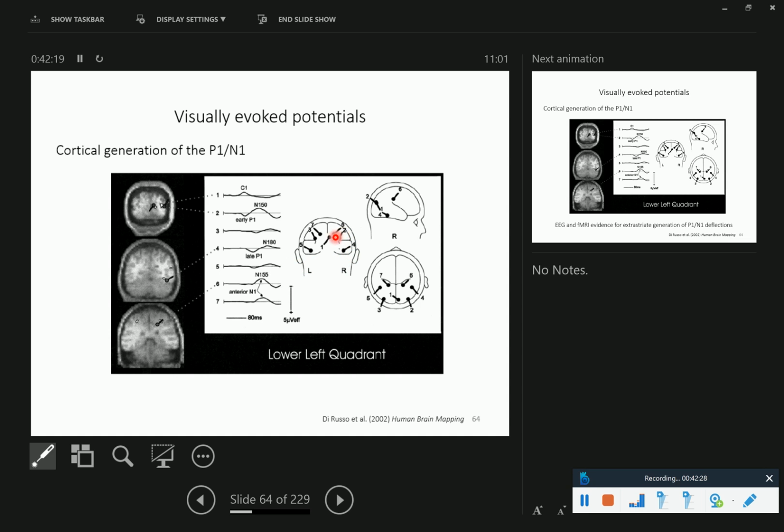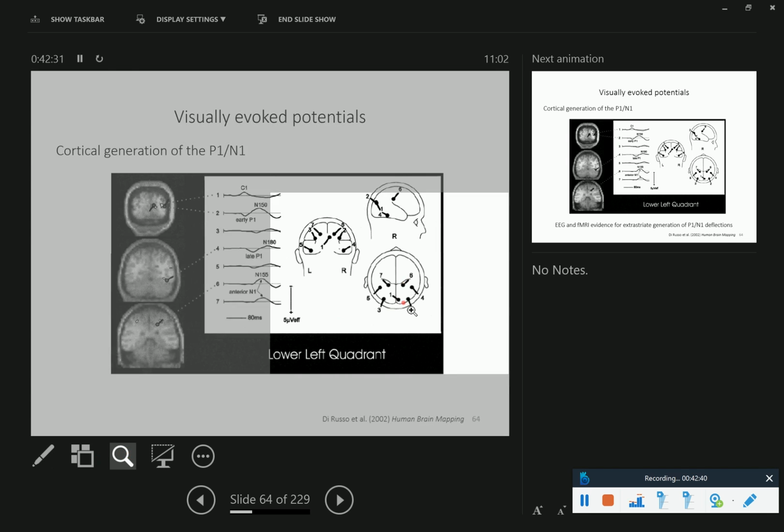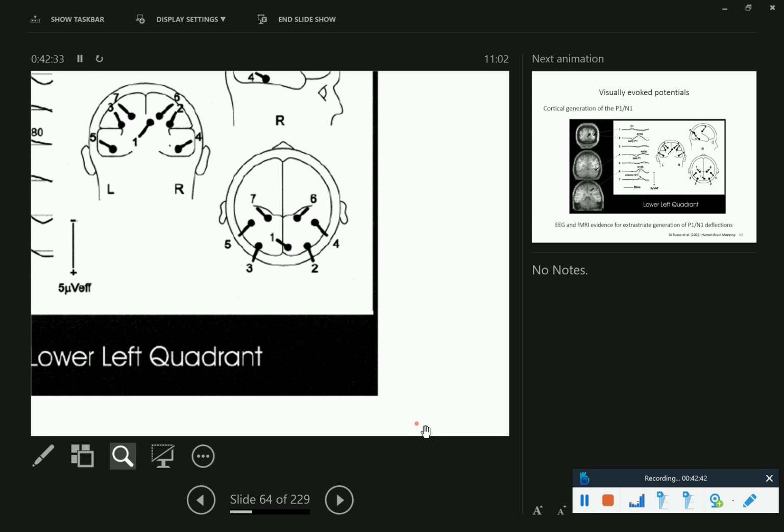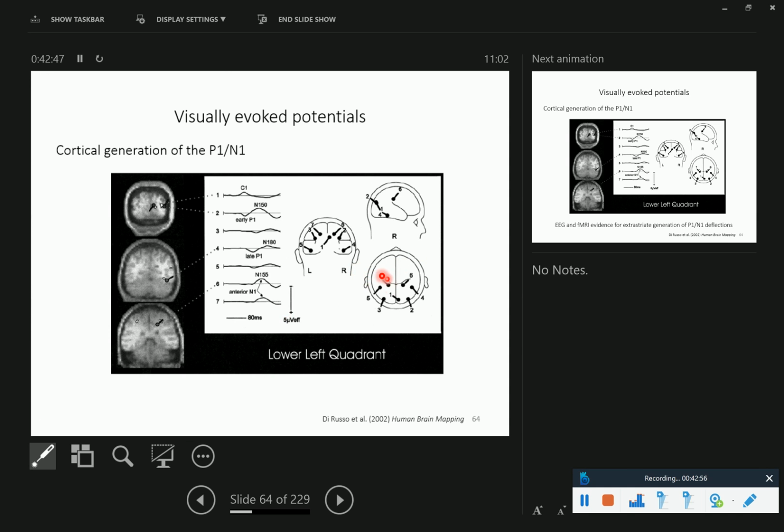So you see that the dipoles for 2 and 4 are not where primary visual cortex is. Primary visual cortex is where the 1 is, and where the 2 and the 4 are, this is more lateral occipital cortex. So again, this is the nose here, this triangle, and these are the ears, just so that you are clear about what you look at.